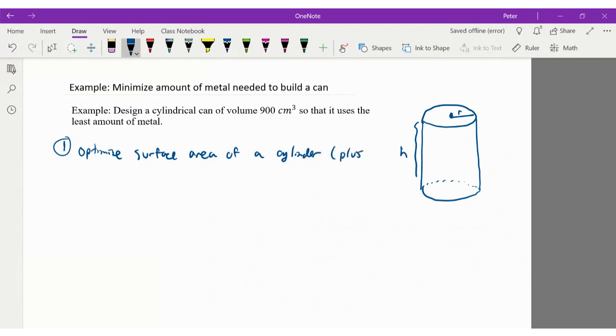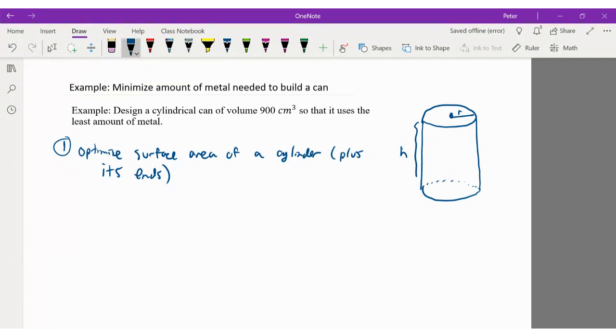Plus ends. Strictly speaking, a cylinder is actually just the sides of what you think of as a can, and the geometric figure cylinder doesn't actually include its top and bottom. That's why, in order to make an actual can, I need to include the ends of the cylinder, because they're not included in the definition of the cylinder.